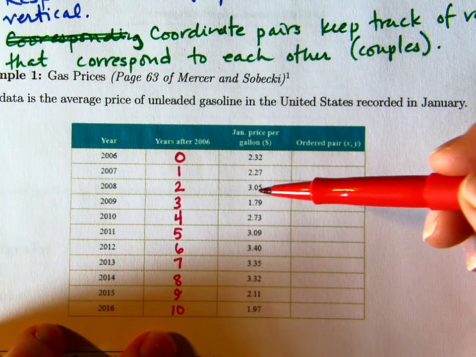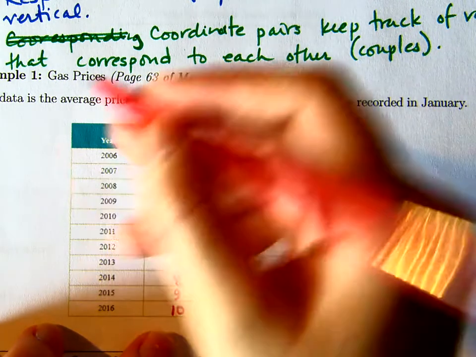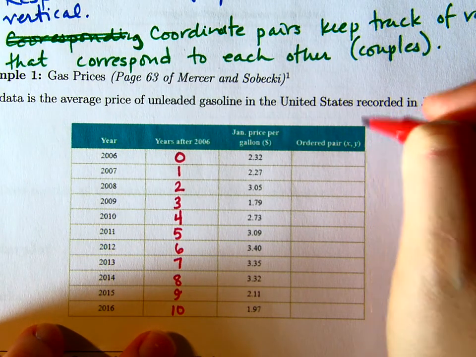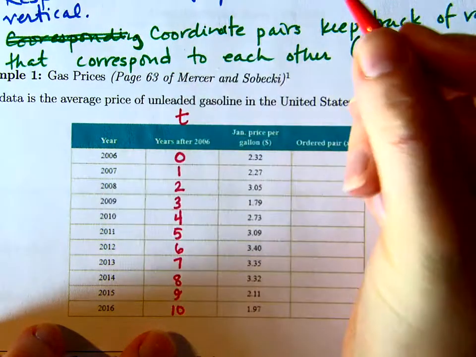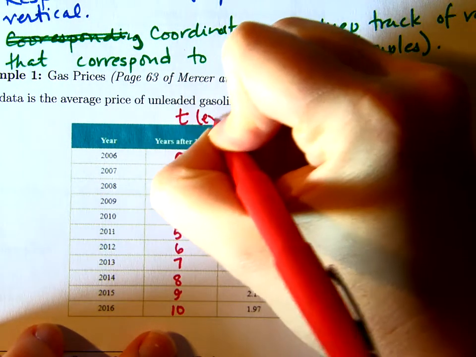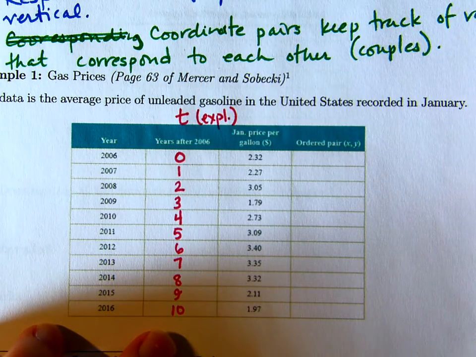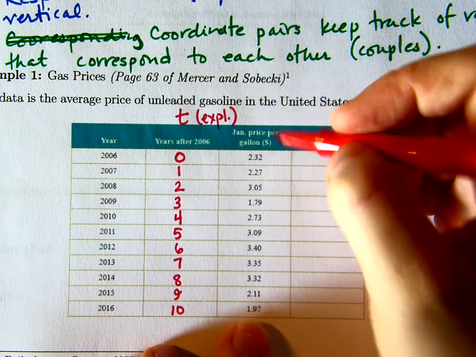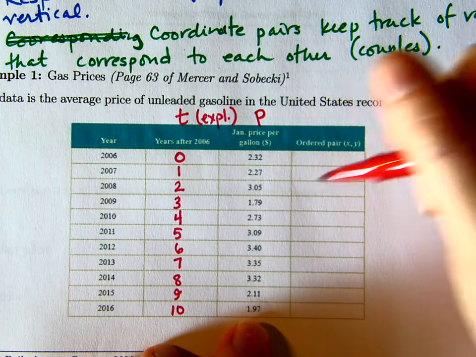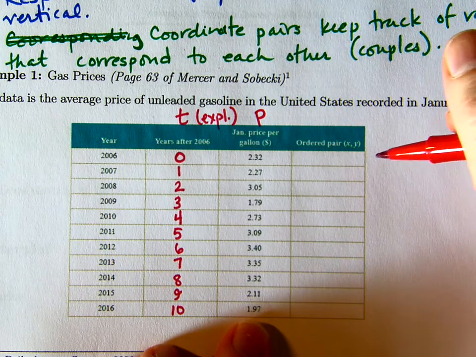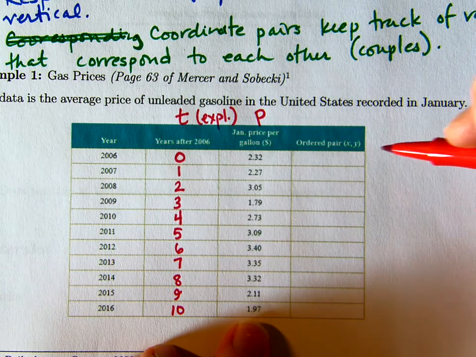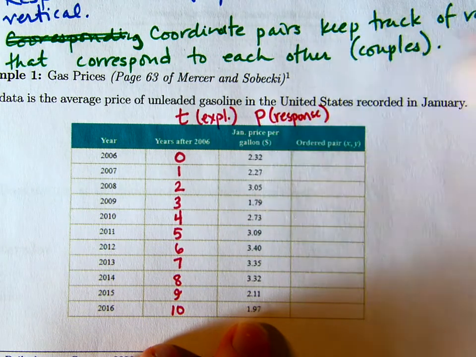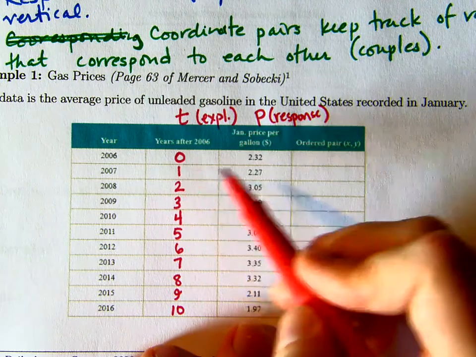The price per gallon is responding to the time. So they write X and Y, but I really prefer T for time, the explanatory variable. For price per gallon, I'm going to give P for price. I could have called it G for gas. But this, to me, is the response. And so then we order it explanatory with response.